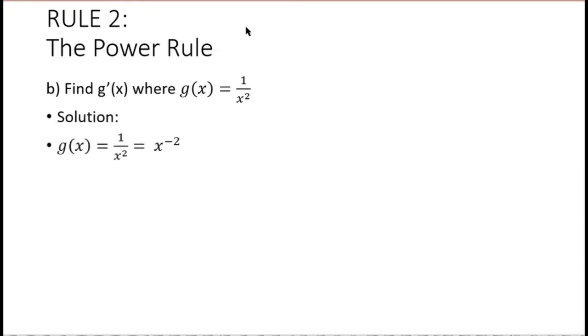Okay, next, rule number 2, the power rule. Find the g prime of x where g of x is equals to 1 over x squared. So let's first rearrange the function g of x where it is equals to 1 over x squared, and it is also true with x raised to the negative 2.